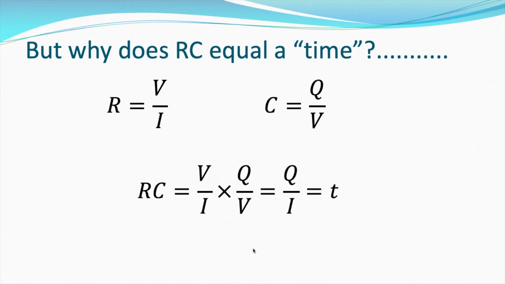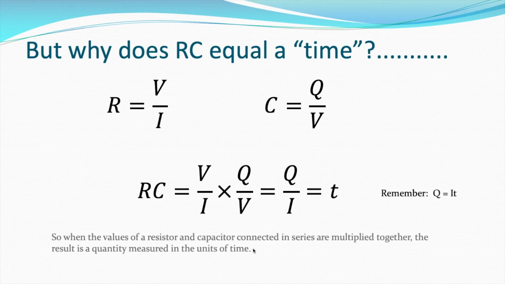So R times C is V over I times Q over V. Our two V's will cancel out and we're left with Q over I. And if you remember from your 3rd year physics, Q equals I times t. So Q over I equals t. So if you multiply the resistance times the capacitance, you get a quantity that has the same units as time.